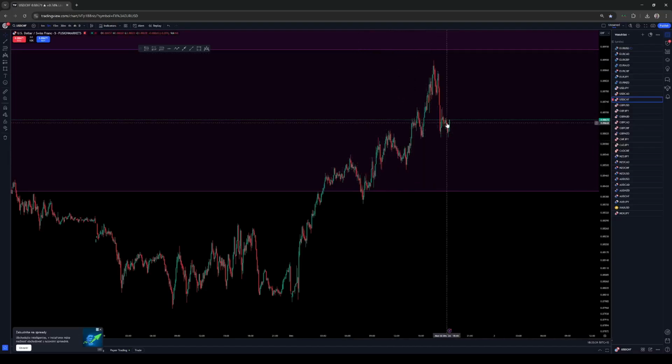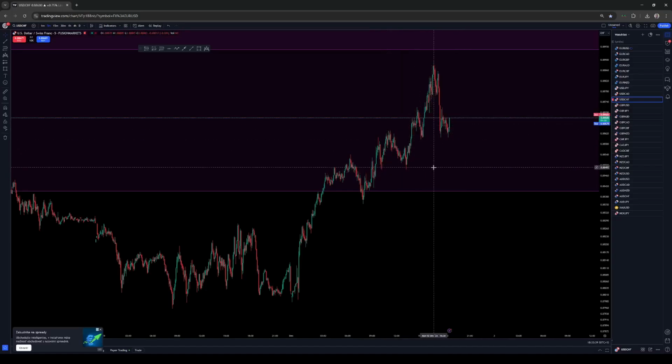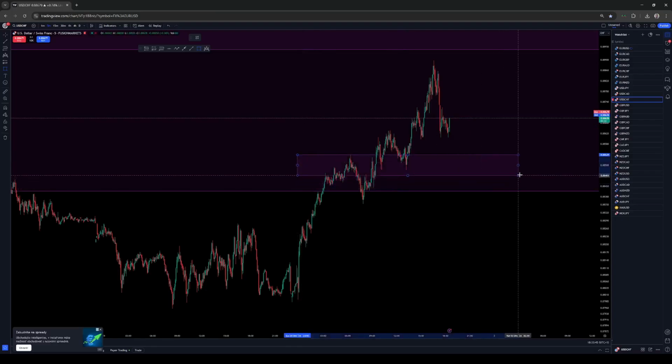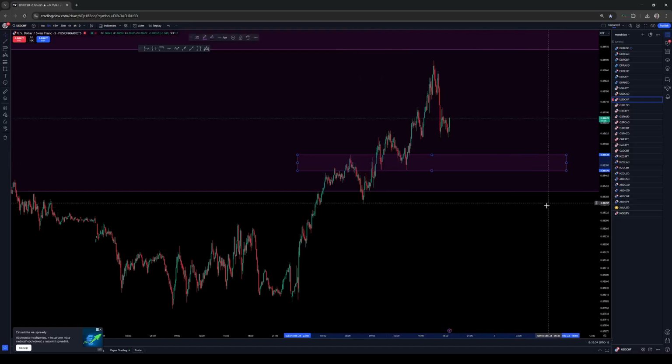Although I see this pullback almost to the previous levels, I would rather see it maybe somewhere around here. That would definitely mean for me that we are in a different trend, because I see that one, two, three times the price hit this spot. So this is something I would like to pay attention to.